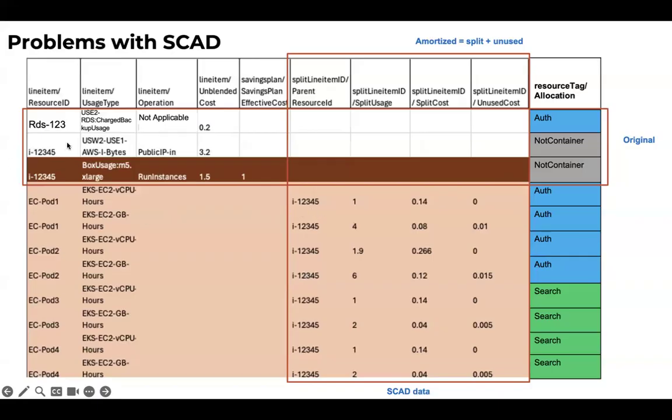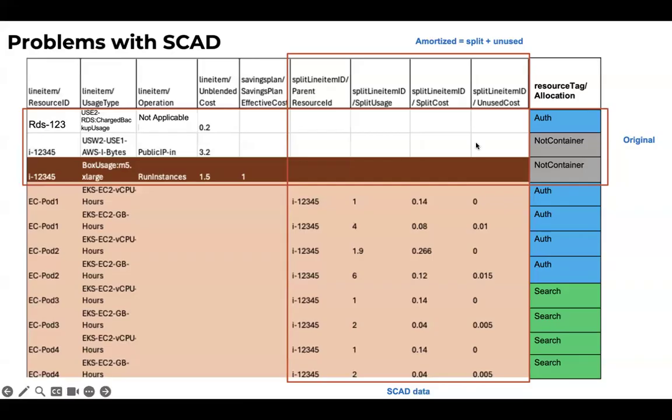And then take the rows that don't correspond to the run instance costs, take that cost, convert that into amortized cost, add the unused cost to it. So you need to do all of that to figure out what the unallocated costs are, right? So these are the two problems. The goal was to figure out what the cost of the microservices were using these tags, and we can't do that. And then we also can't figure out what the unallocated costs are.